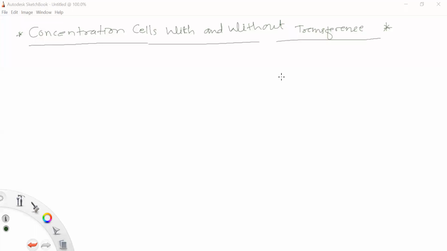In the last lectures, we understood the chemical cell without transference.